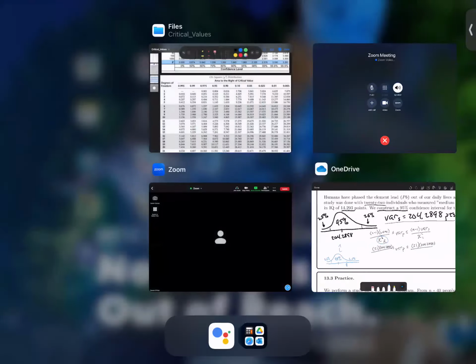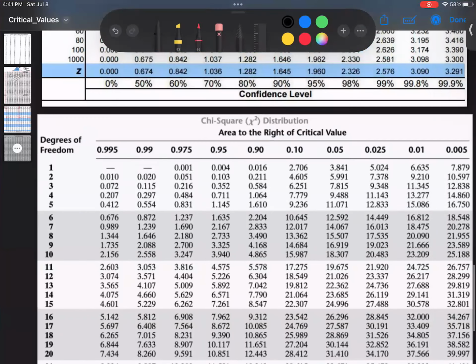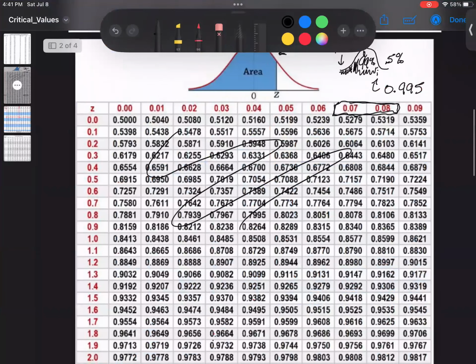Let's see how to find that. Again, not using z-scores because this is not a proportion. We are not using t-scores because this is not an average. We need to find chi-square distributions. And notice how these values are given to us: areas to the right of critical values.